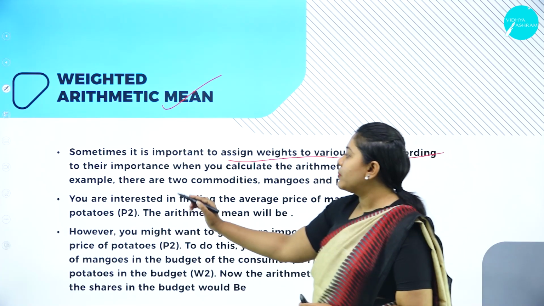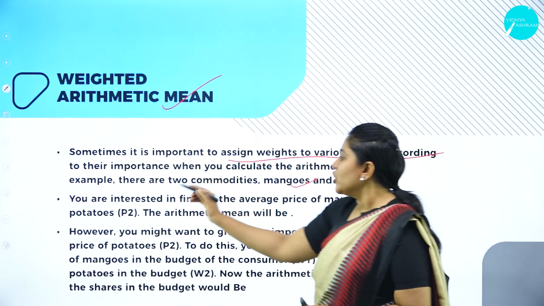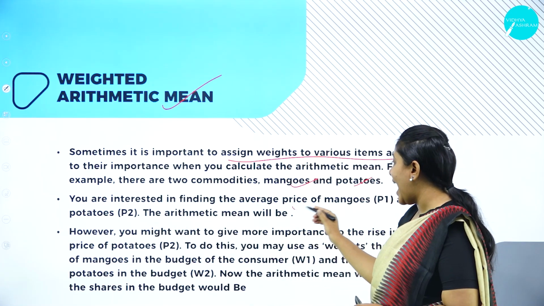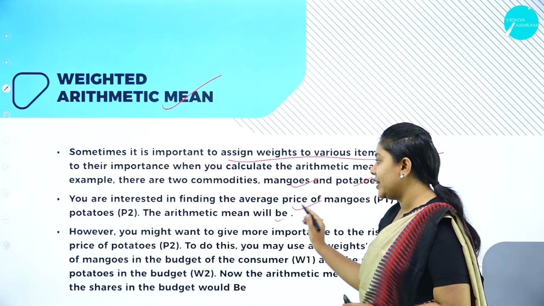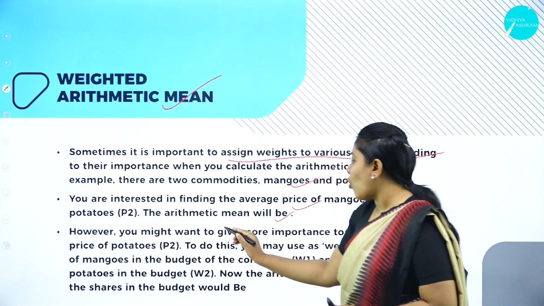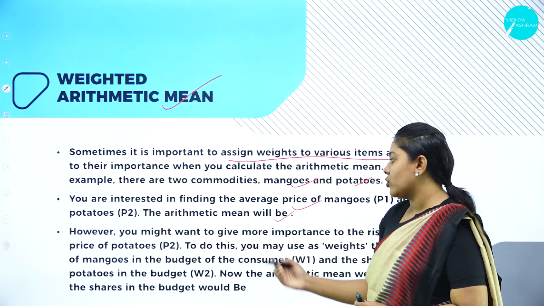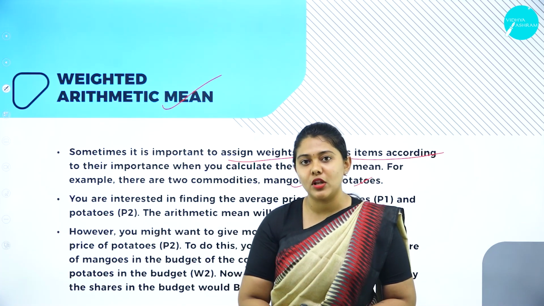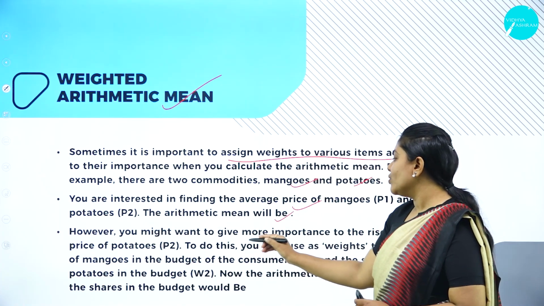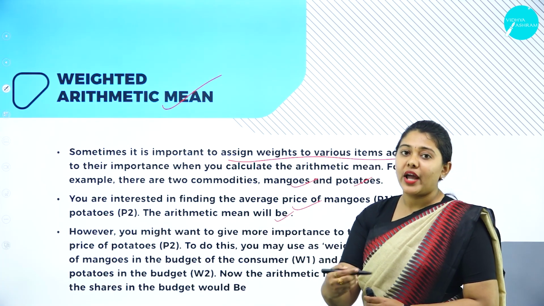So for example, there are two commodities, mango and potato. You are interested in finding out the average price of both mango and potato, the arithmetic mean will be. However, you might want to give more importance to the rise in price of the potato. So as I have told you, potato price and the tomato price will not be the same. To do this, you may use weights to share the prices of it.